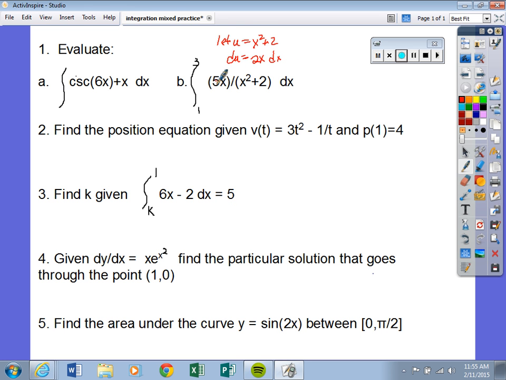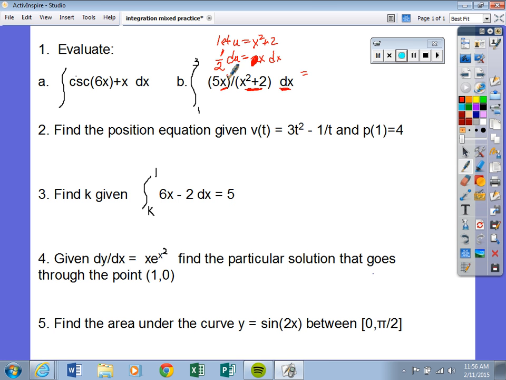Now, that 2x does not match the 5x exactly, so I'm going to do basically the same thing I did on the last one. I'm going to bring the 2 over as a 1/2 on this side, and it's going to allow me to substitute for both of those, and my u gets to substitute that, and the 5 that's extra you can just bring out to the front.